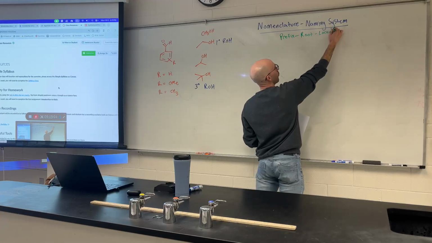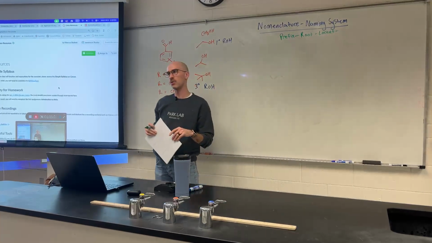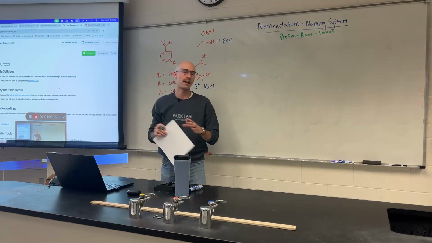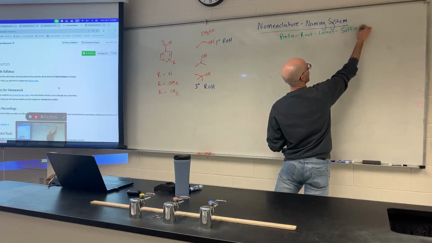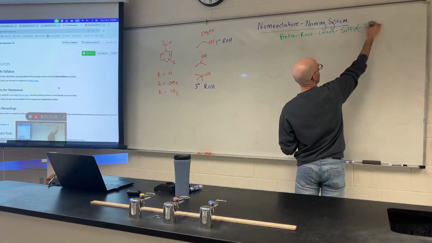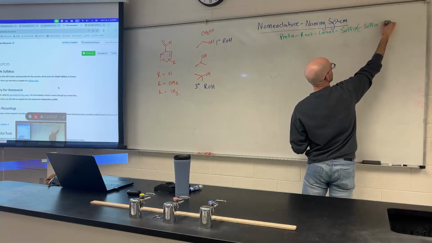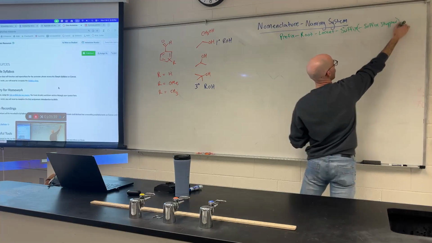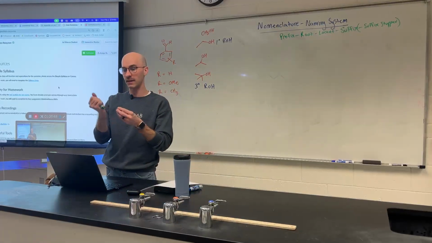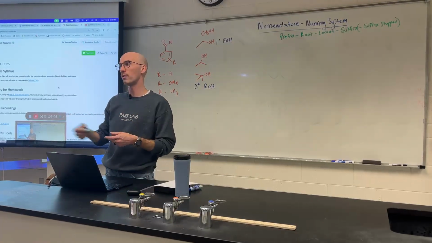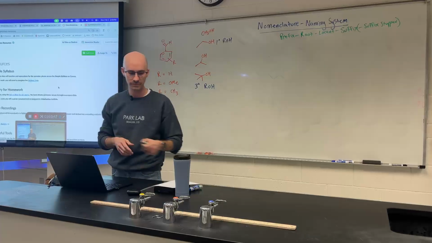A name will sometimes have a locant, not always. And a name will have a suffix. Now, something that I like to add on here, which is why I put it in parentheses for you, is that sometimes it will also have a suffix stopper. We can modify the suffix that we give it to give even more information about the compound.